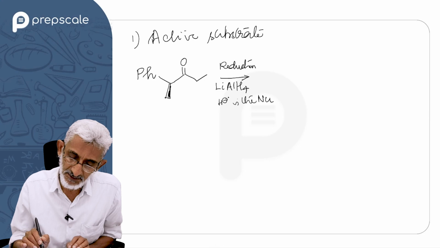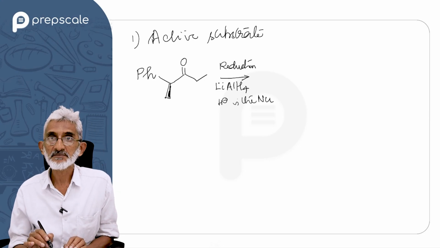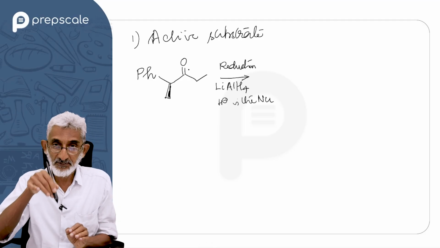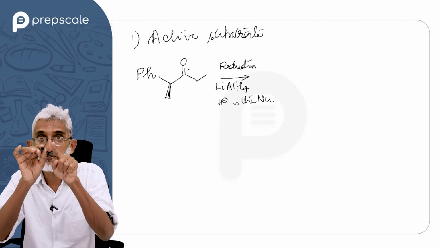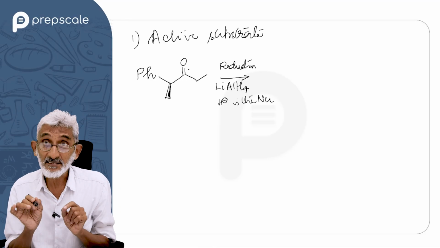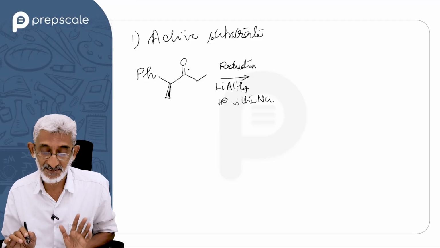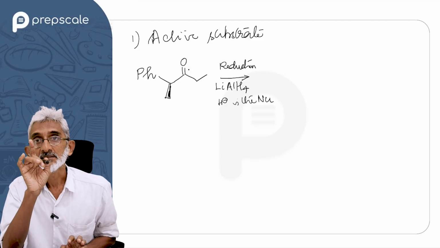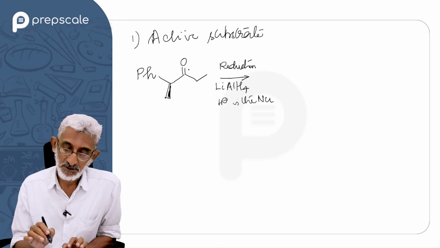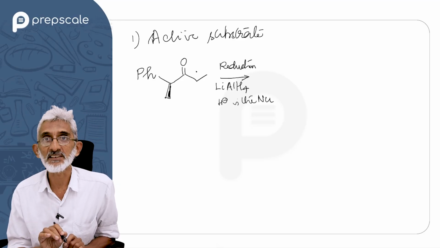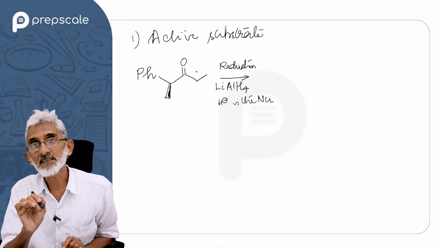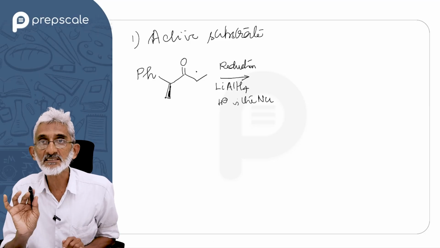So this H minus can attack from the front face. This is the front face which we are looking at. Now let us see whether that is a Re face or Si face. You must be knowing how to show whether it is Re face or Si face. How do we designate the faces?